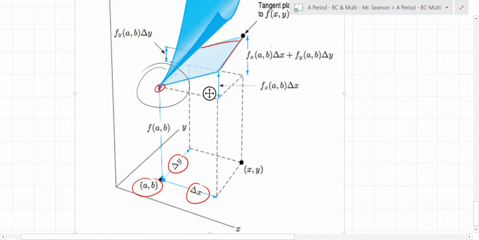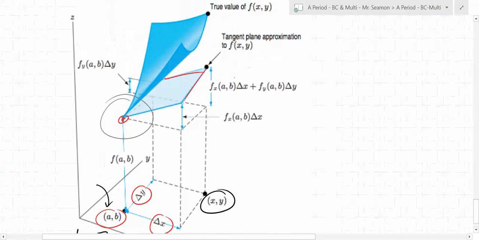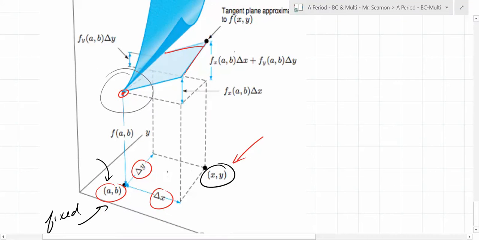So the idea is, if you have AB, and usually this is fixed, and you go to a point XY, the change in X you denote as delta X. The change in Y you denote as delta Y. So if you travel that distance, you end up at XY.